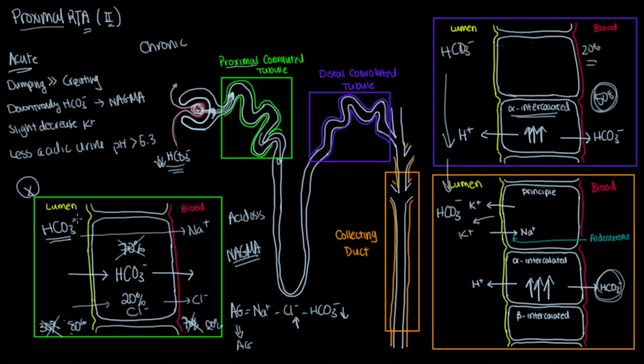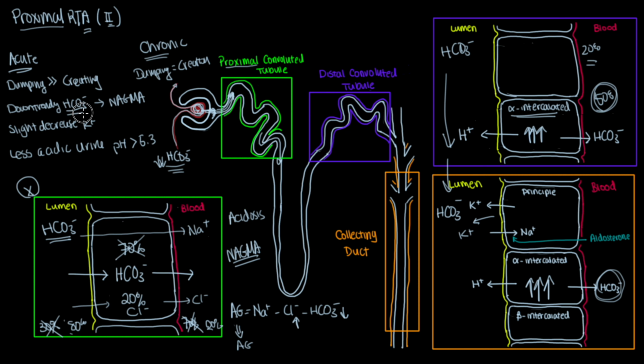But if what's filtered out to begin with is very low, the amount of bicarb creation later on in the alpha intercalated cells is enough to account for the amount that's being dumped into the lumen. Hence, at this point in the chronic phase, we have the dumping rate equaling the creation rate.